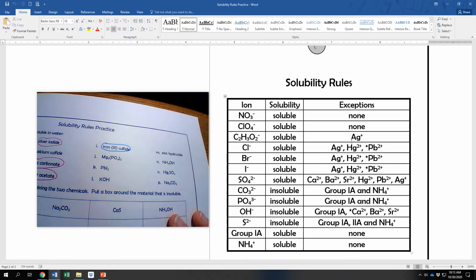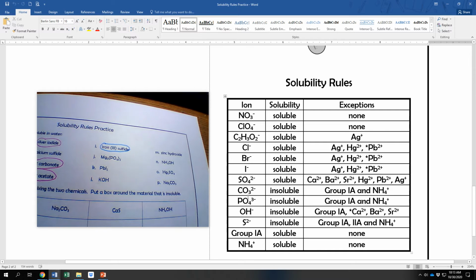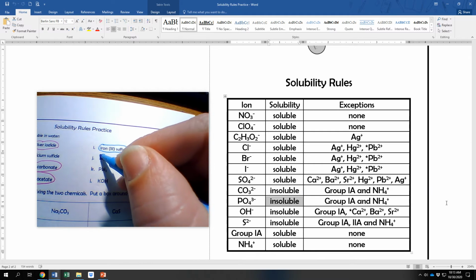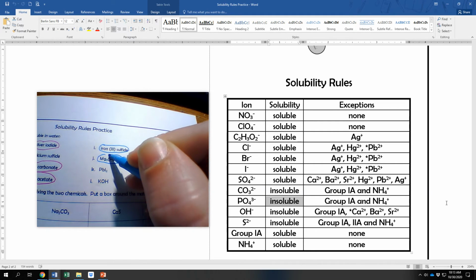Next, magnesium phosphate. So we find PO4. Here it says insoluble, except for group 1 or ammonia. Well, magnesium is not in group 1. So this is insoluble.